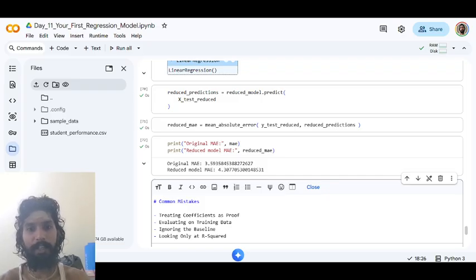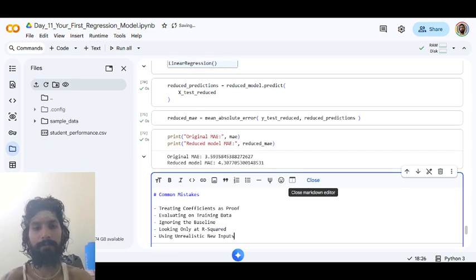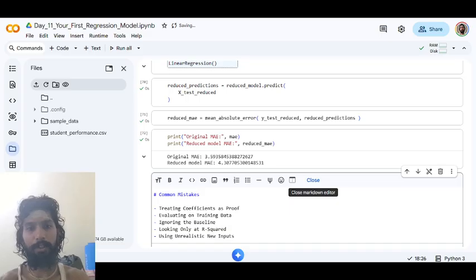Fifth mistake is using unrealistic new inputs. The model should generally be used on cases that resemble the training data. Predictions far outside the observed feature ranges may be unreliable. Sixth mistake is assuming one split gives the final answer.